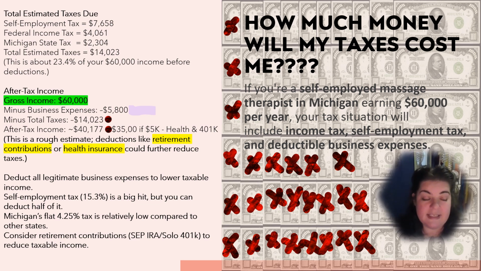Now, Michigan's flat tax is relatively low compared to other states, but again, there are other states that don't even charge income tax. All right. Now, if you do contribute to retirement accounts that are allowable, this will come out to reduce your taxable income. These are contributions that are made before they count your taxable income. So this is something to keep in mind.